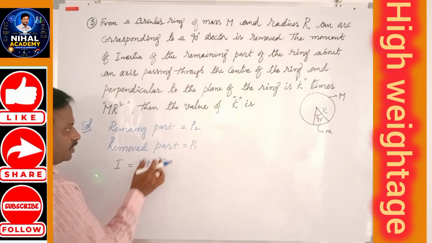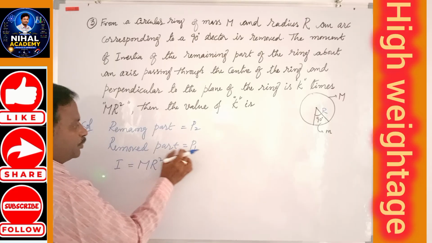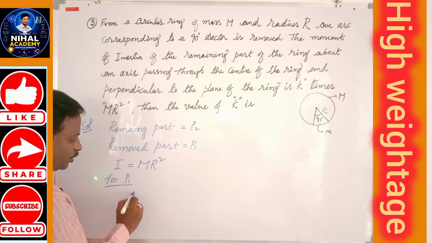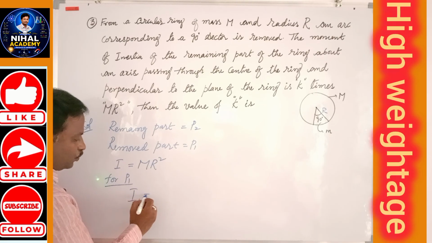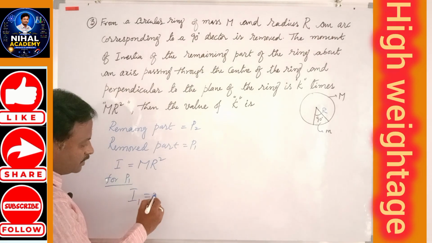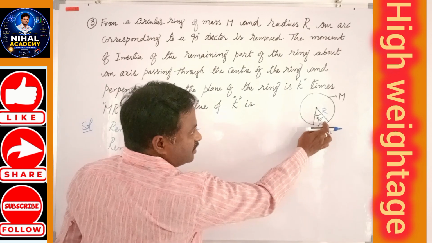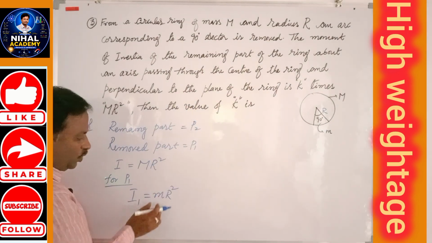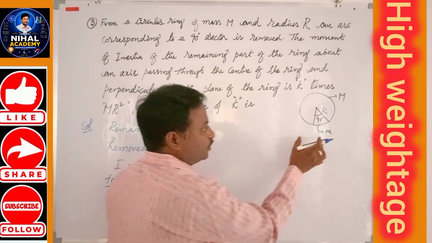So now the first part, the removed part, P1. For P1, the moment of inertia I1 is equal to small m R square, where small m is the mass of this removed part. This m we have to calculate.